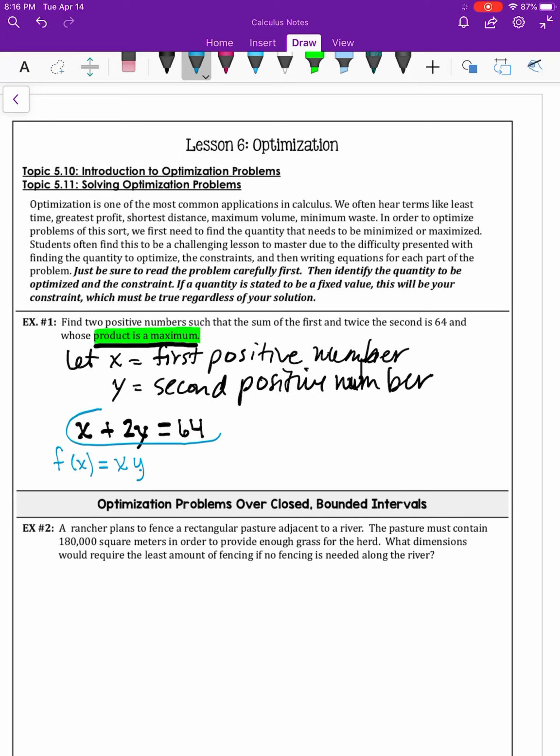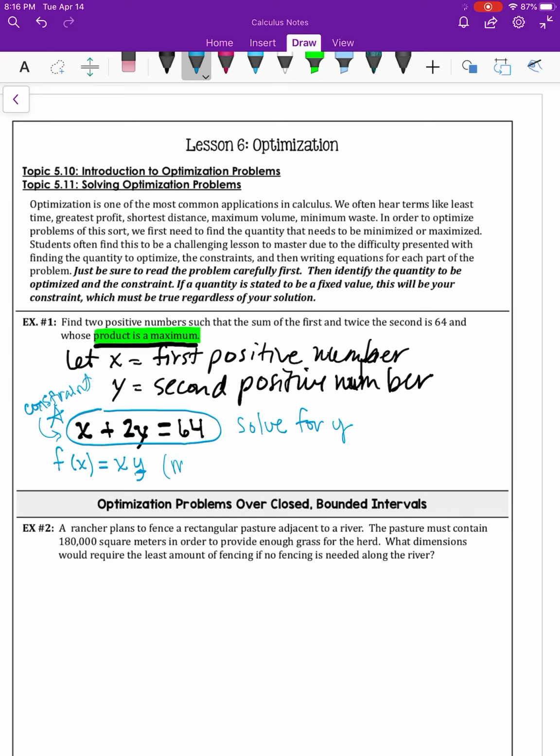I called it f of x, even though there's a y there, because we're going to use this equation to solve for y, and then substitute that back in right here for y so that I will have all f of x. So they gave us a constraint.